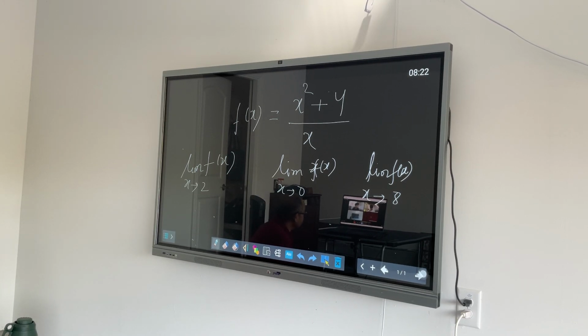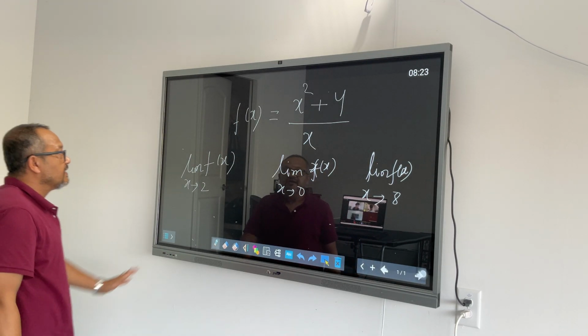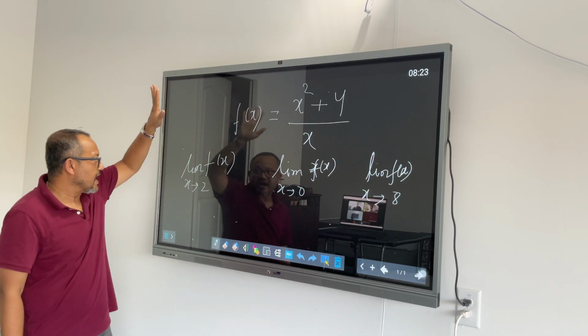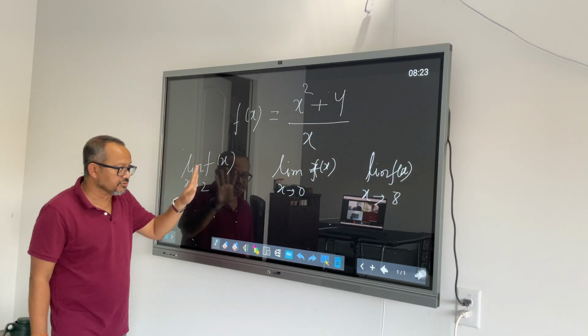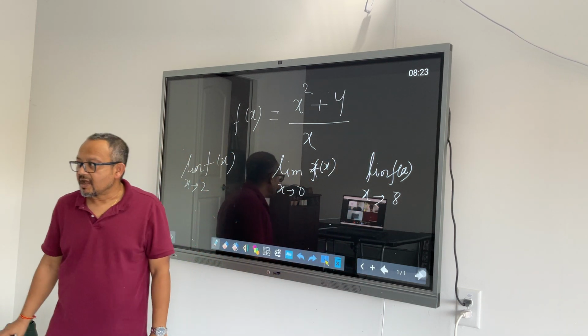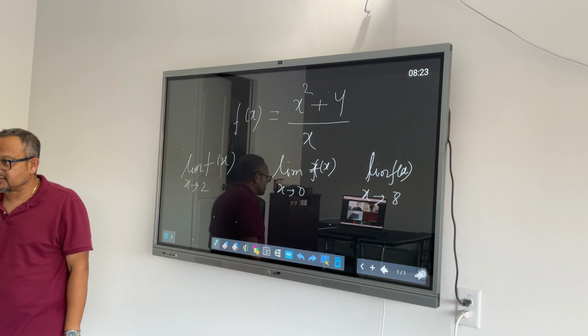Okay, so let me hear your opinion, point of view, confusion, dilemma, whatever it is. What is it that you are thinking, Praneet, Vishal, Datta, and Nanya? One by one. So the ask is very simple, right? We have a function defined, f of x equal to x squared plus 4 divided by x, and we have to find out the limit of f of x when x is approaching 2, when x is approaching 0, and when x is approaching 8, without doing the calculation, just based on judgment.